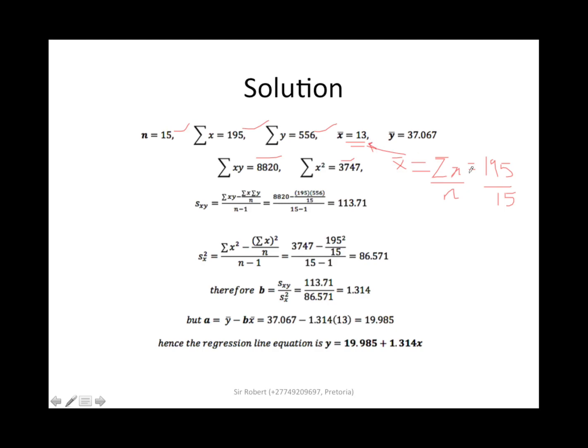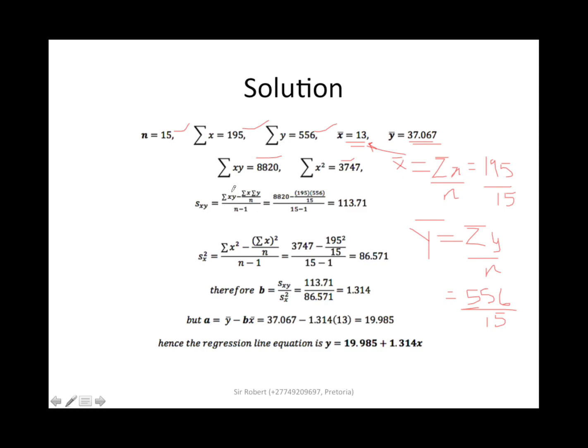Then you do the same for y. Y bar is also the summation of y over n, which is 556 over 15. If you simplify it, you get 37.067. Once you get all these figures, you're able to calculate your s xy, which is given by this formula.